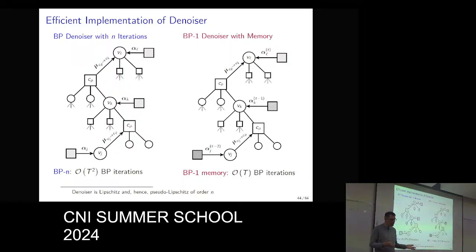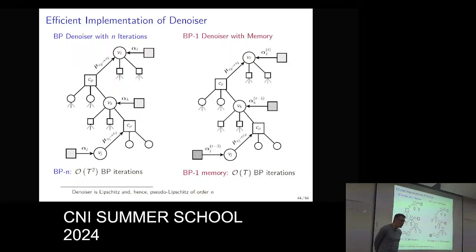So a naive way, or a mathematical way that's consistent for us to use BP as a denoiser, a very unusual denoiser, is to collect the effective observation from AMP, put that into your decoder, let that run for n steps, and take it out. But if you do that, for every AMP iteration, you then have to run a number of iterations on the graph.